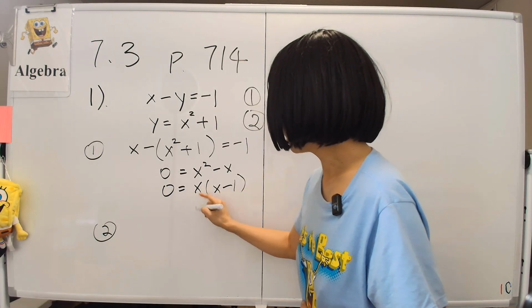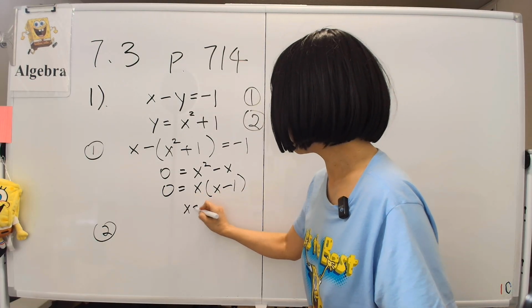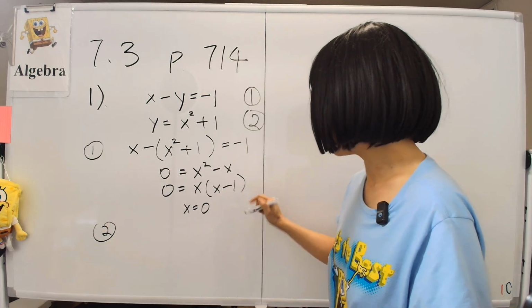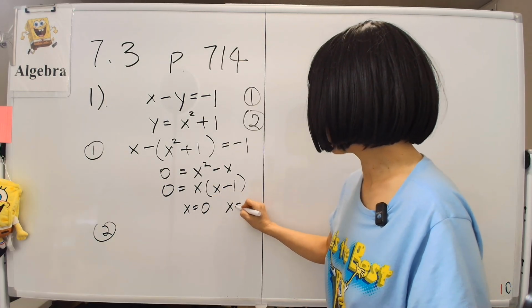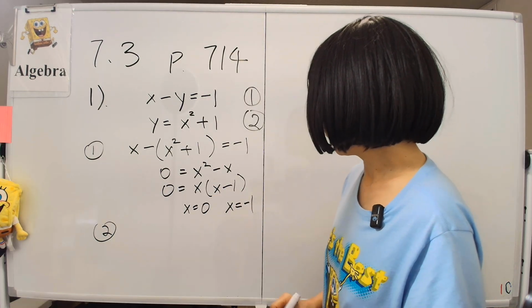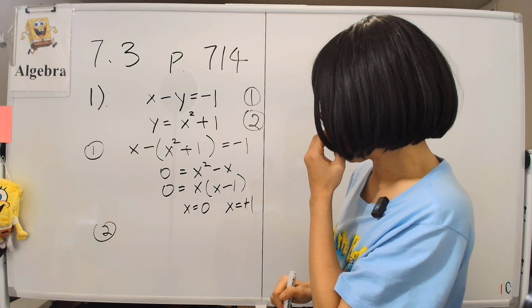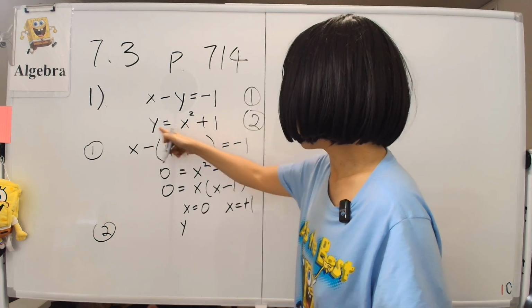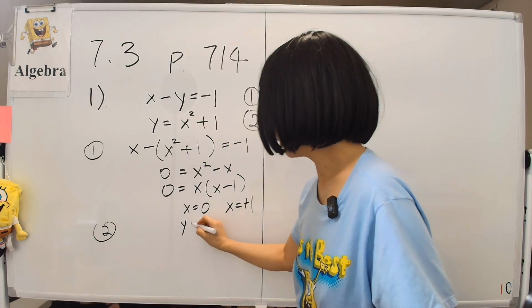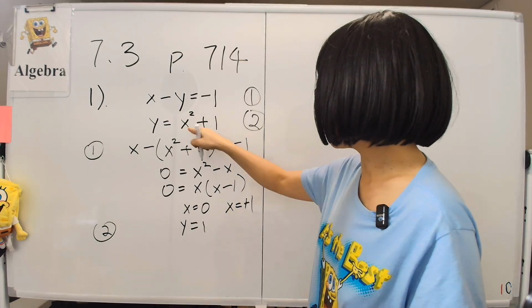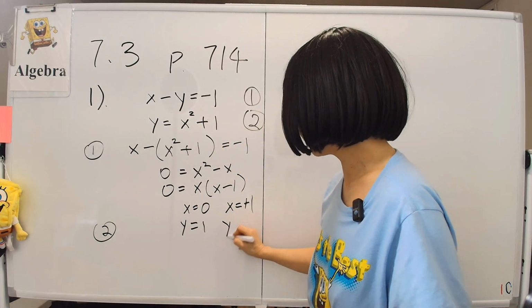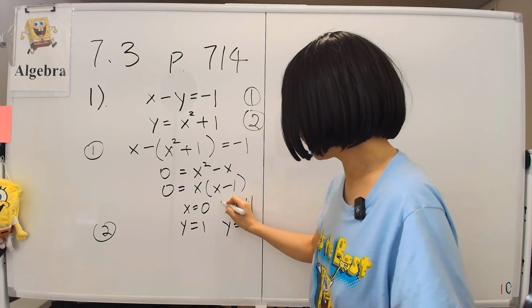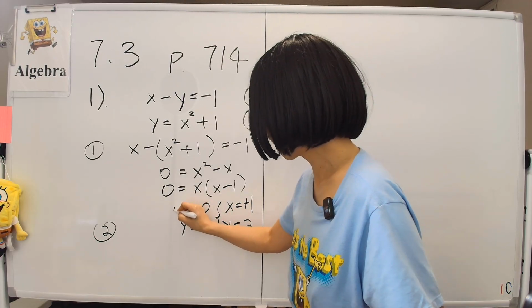So from here x equals 0, and from here x minus 1 equals 0, so x equals 1. And then y: if x is 0, y will be equal to 1, and if x is 1, y will be 2. These are the set of answers.